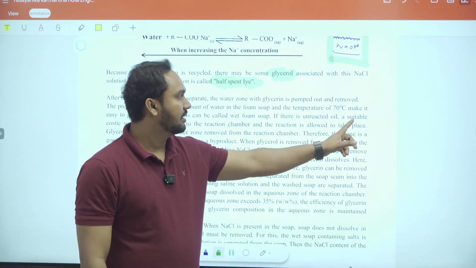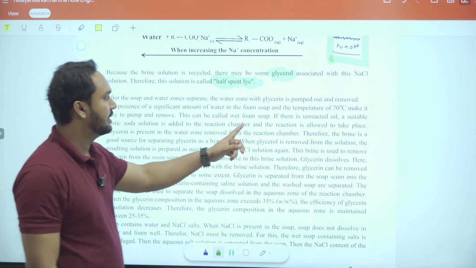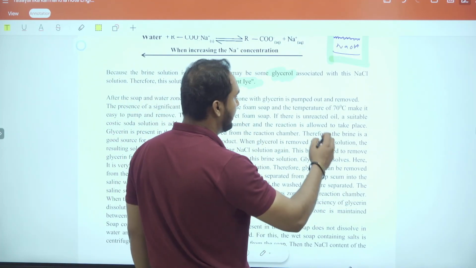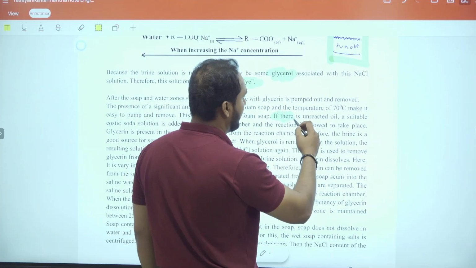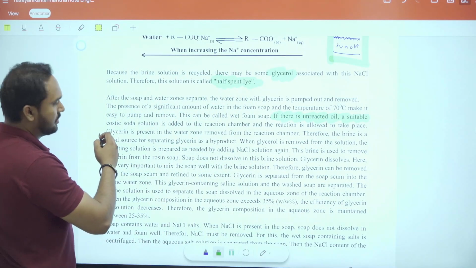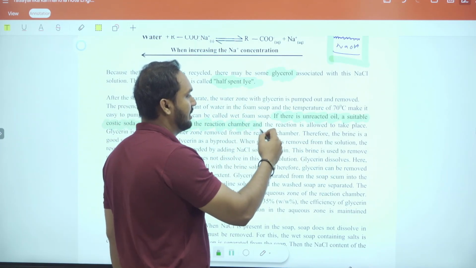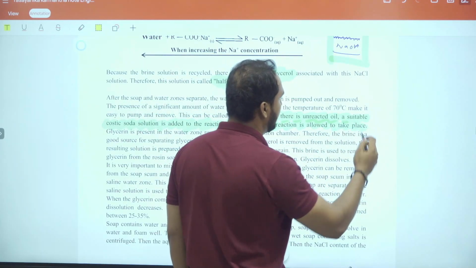Highlight it. If there is unreacted oil, a suitable caustic soda solution is added to the reaction chamber and the reaction is allowed to take place.